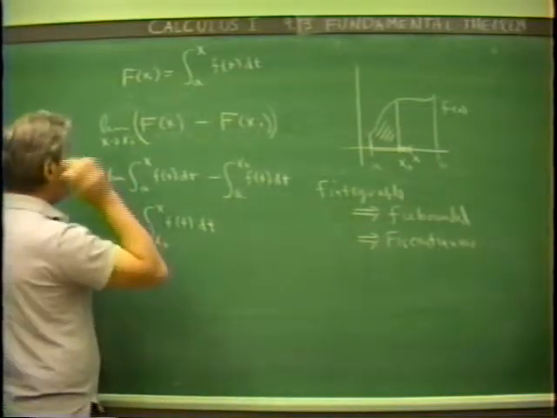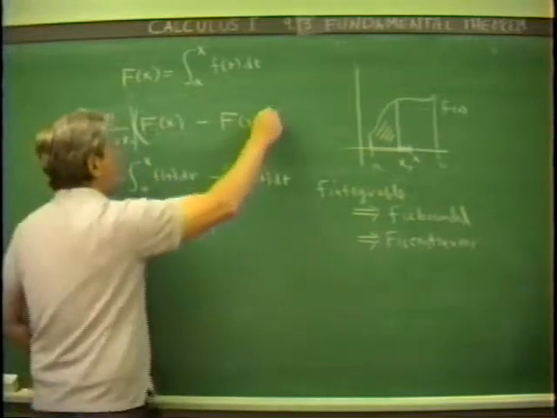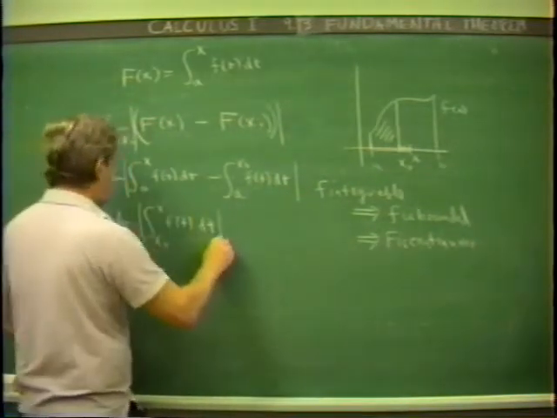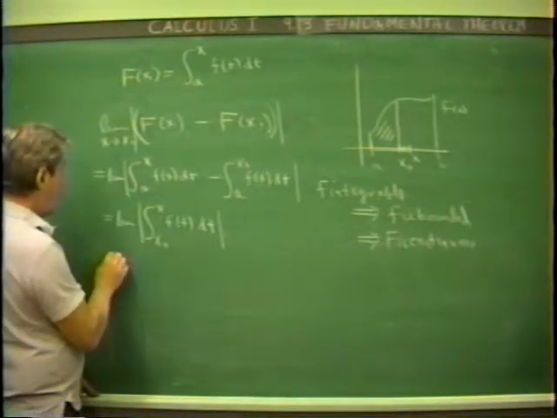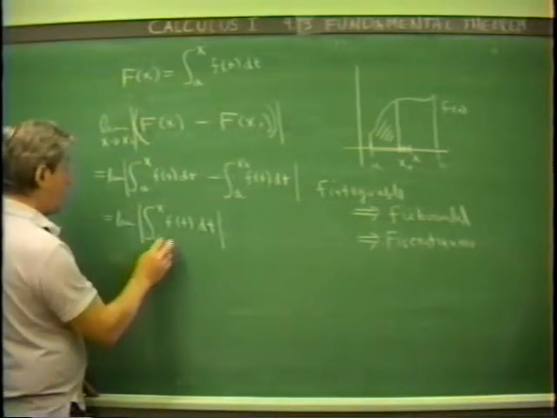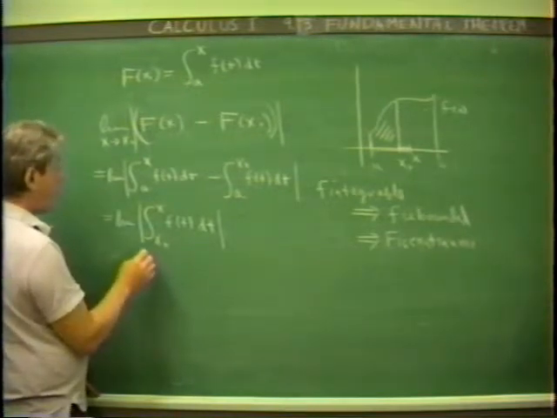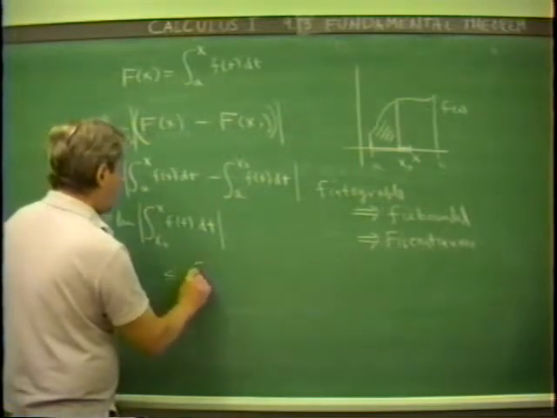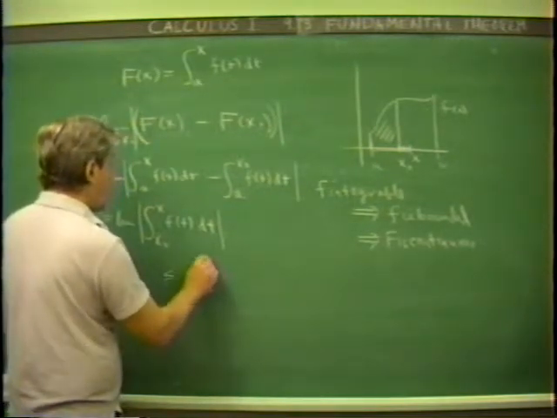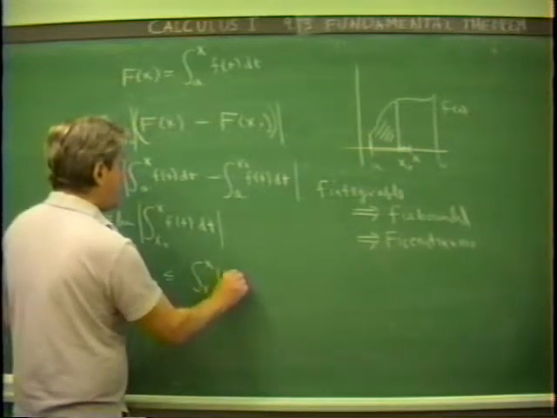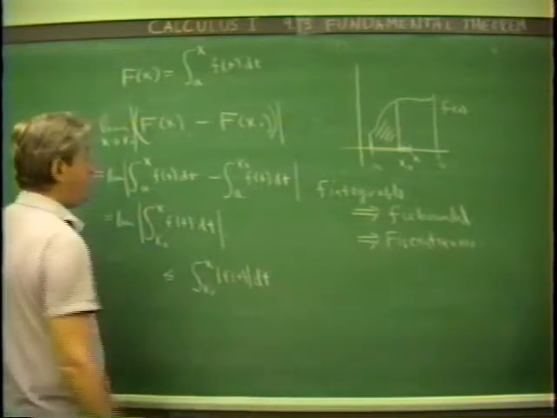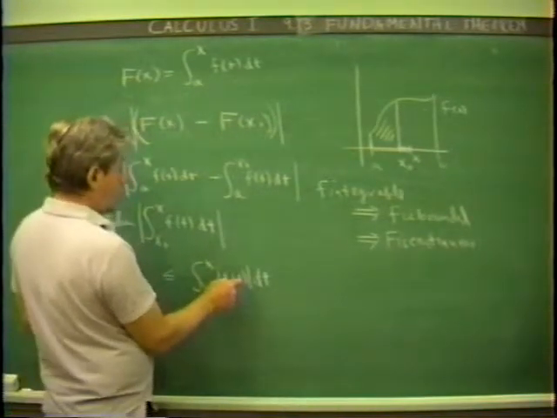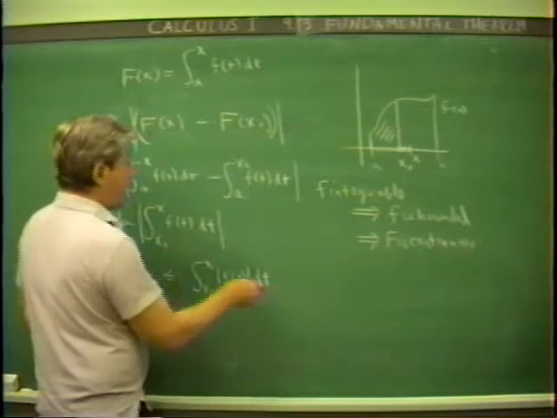We want to know what this limit is. Right? And to show that this is equal to 0, we can look at the absolute value of it. So let's look at the absolute value of this. And that's the absolute value of this. And now the absolute value of this is going to be less than or equal to the integral from x naught to x of absolute f of t dt.